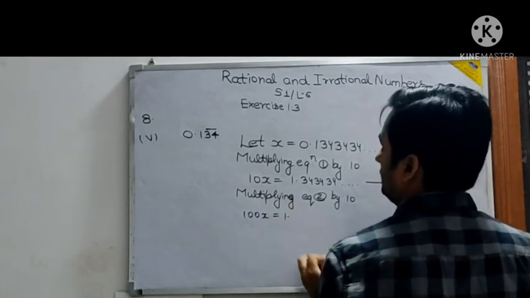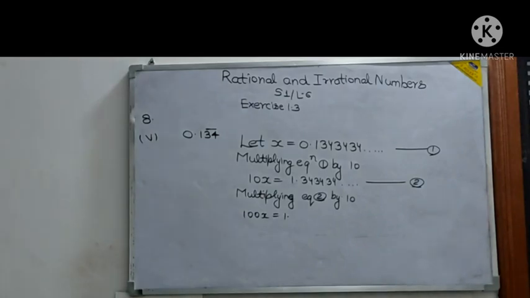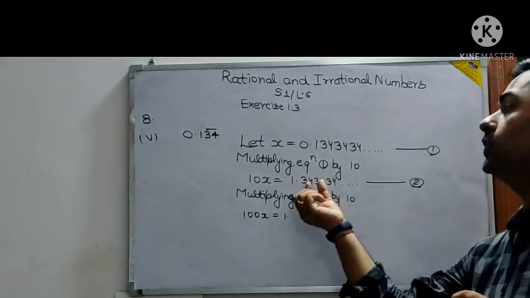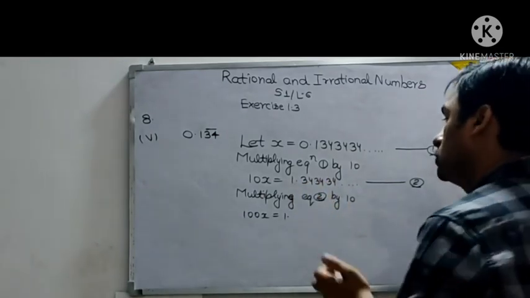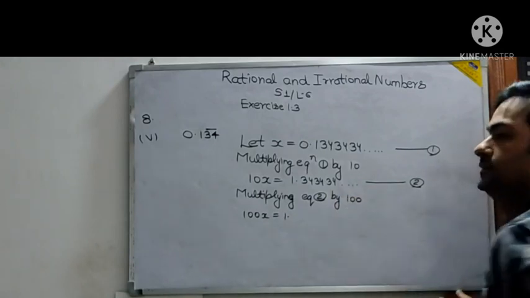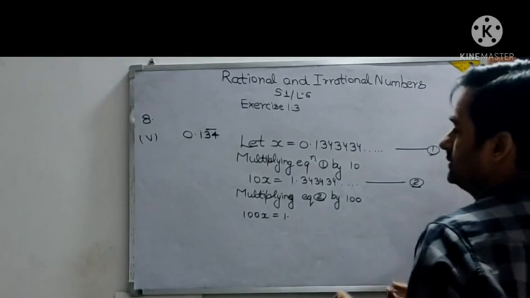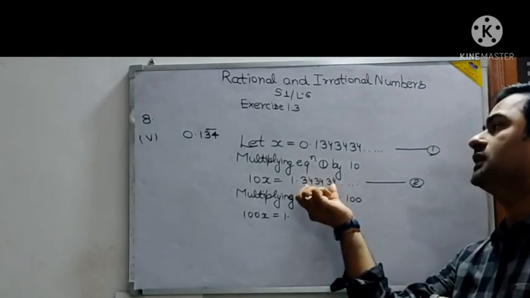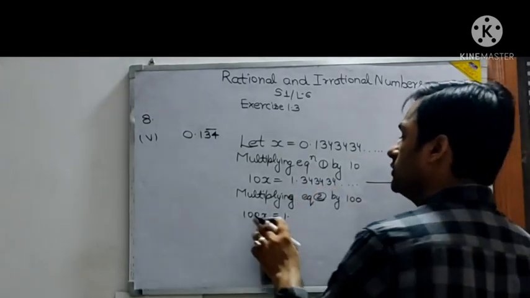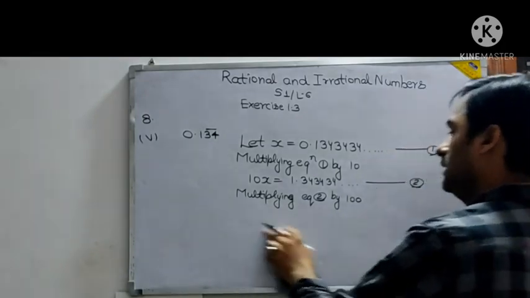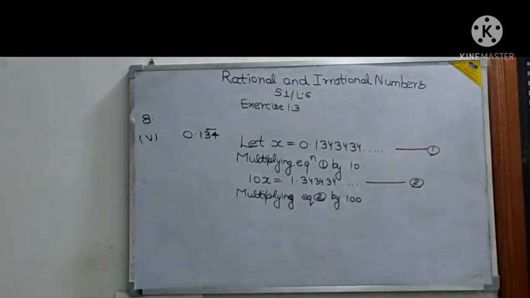But now see here, multiplying by 10 won't help you because you want to make 34 on both the sides. So better to multiply the second by 100. Are you getting the point? Because there are two decimal digits. See, we have to get only 34 on this side. That means you have to multiply by 100 here. So what will we get here?